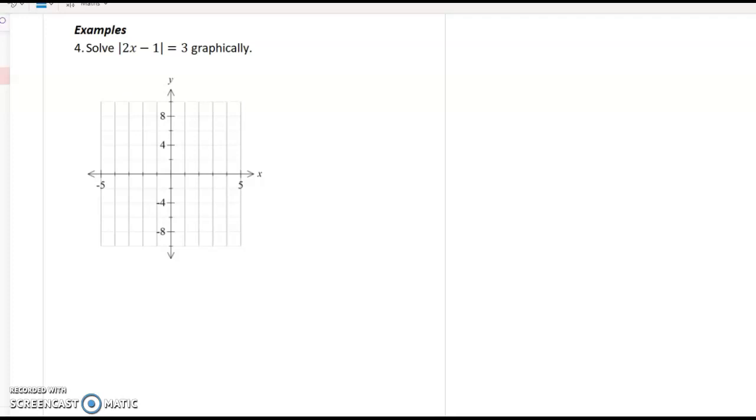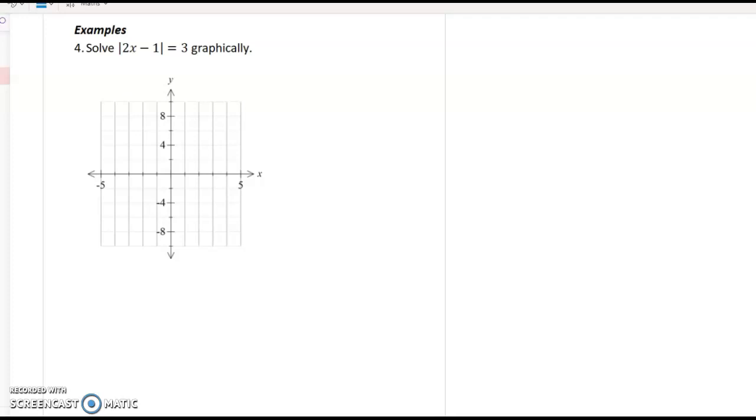Another way to think about this is to think about the function y equals the absolute value of 2x minus 1 and draw that. Then see where that is y equals 3 and find those intersection points on the graph.